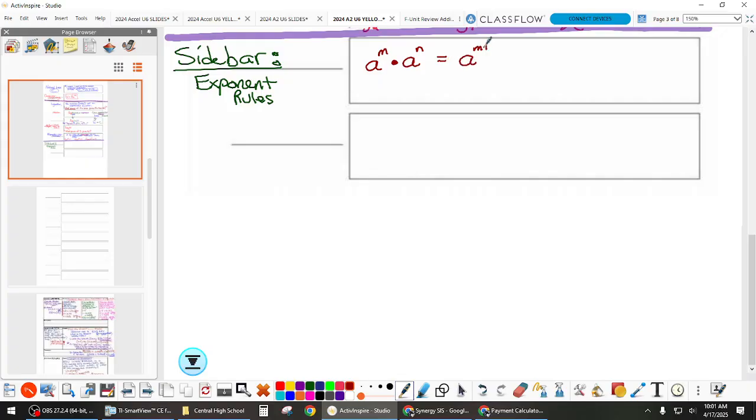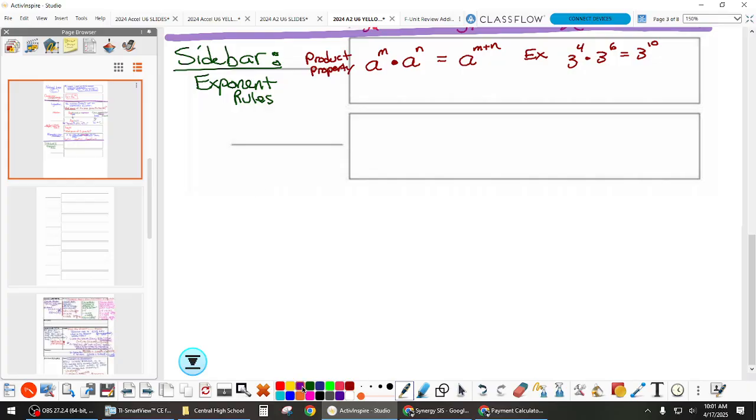We add, okay? So we'll put an example for each one of these. If we did like 3 to the 4th times 3 to the 6th, that's 3 to the 10th. That's called the product property. Product meaning that we're multiplying.